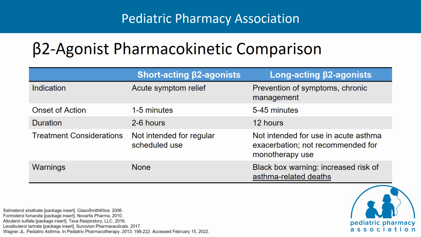There is a black box warning for increased risk of asthma-related deaths with long-acting beta-2 agonists. This associated risk is not observed in patients who are also taking an inhaled corticosteroid in combination with a long-acting beta-2 agonist. Additionally, these agents are not intended for use in acute asthma exacerbations.